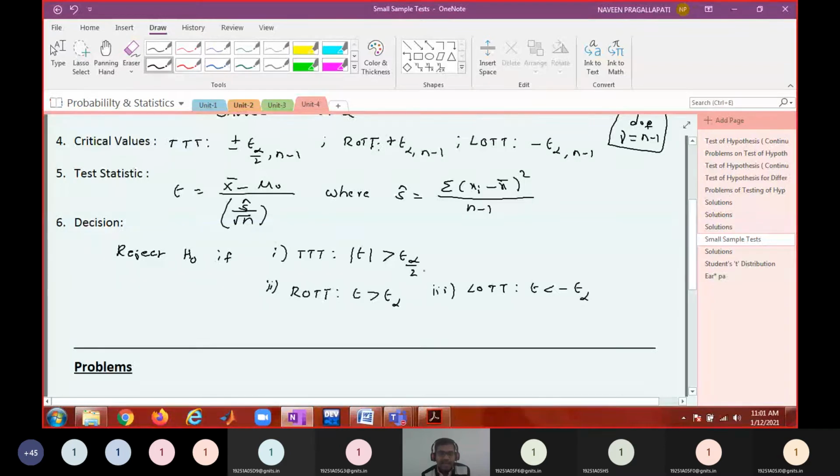Let us write nu, or n minus 1. Otherwise, do not reject H naught. Is this okay?